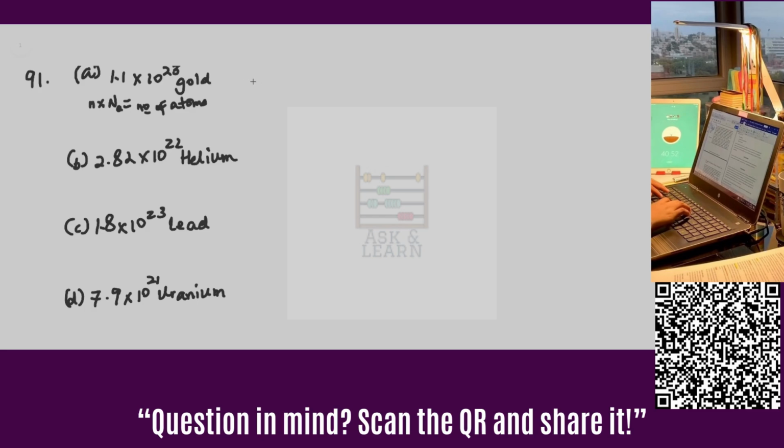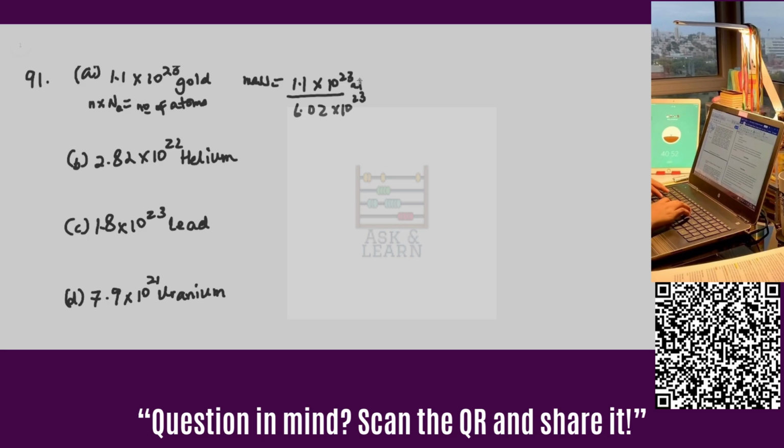So for the first sample, which is 1.1 times 10 to the power 23 atoms of gold, we find the mass by taking the number of atoms, 1.1 times 10 to the power 23, and dividing that by Avogadro's number, 6.02 times 10 to the power 23.